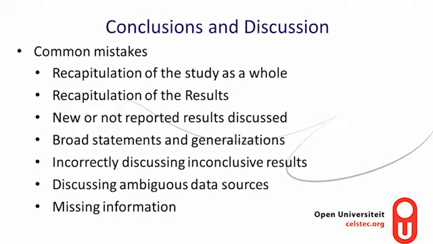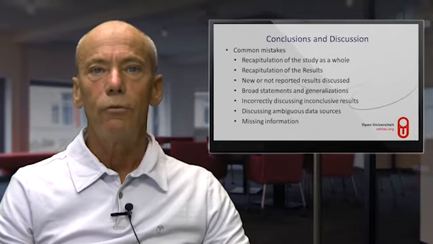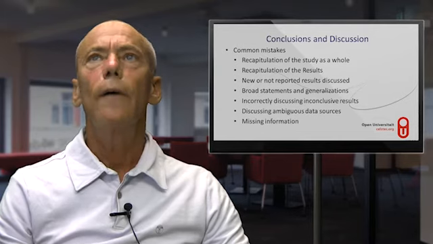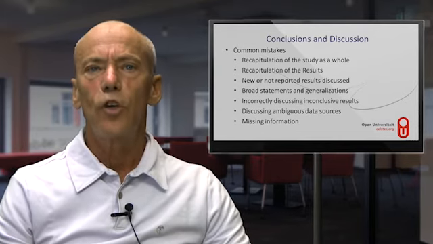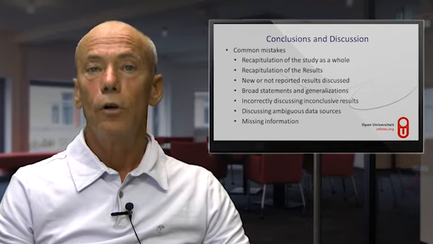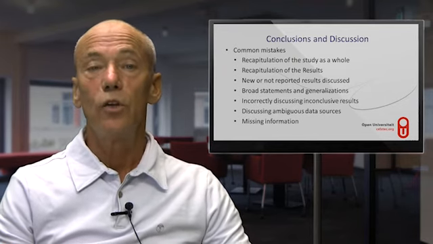Discussing ambiguous data sources. I don't know how to say this better than what's here, but if your data is not conclusive, what you often see is people, when they're doing qualitative things, just discussing 1 or 2 statements from someone that they interviewed.